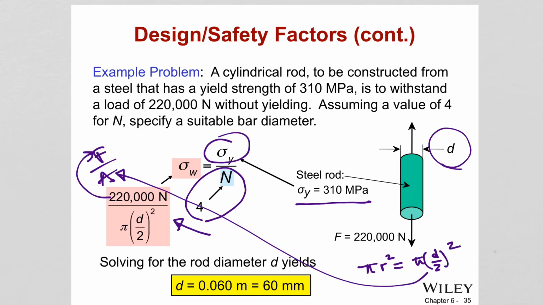From this equation you can calculate the diameter that this steel bar needs to be constructed with. So basically you are ensuring that the yield strength of the material is 4 times the working stress. You will try to lower the possibility of failure with this safety factor. That's it.